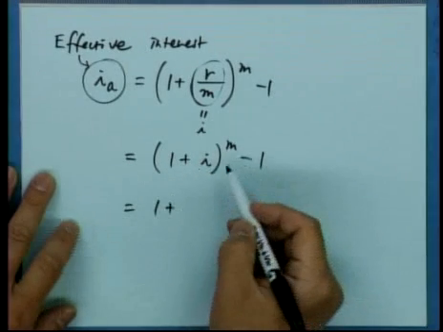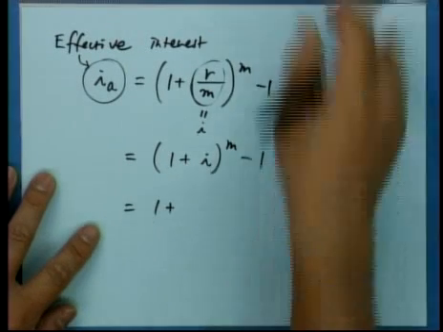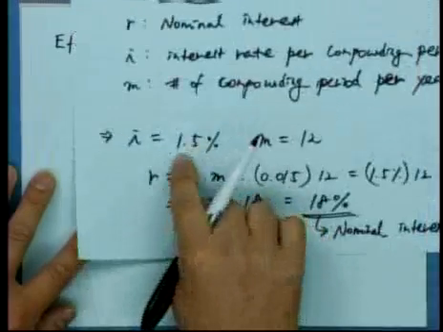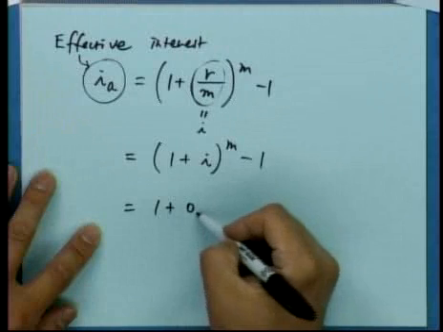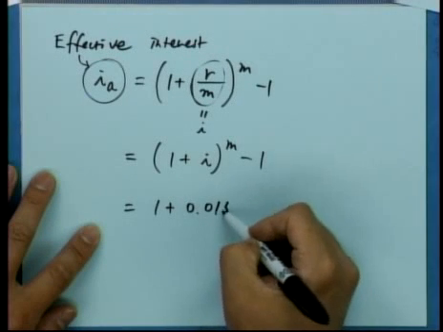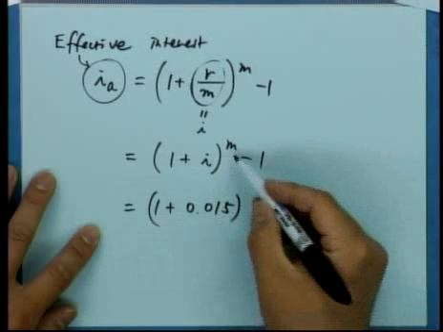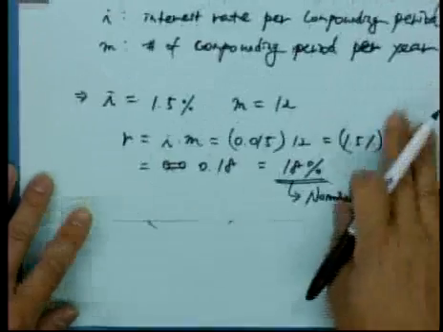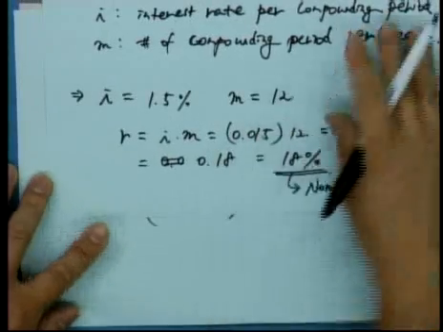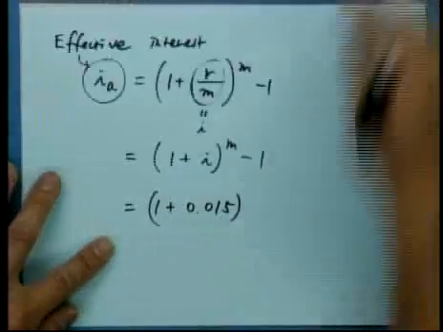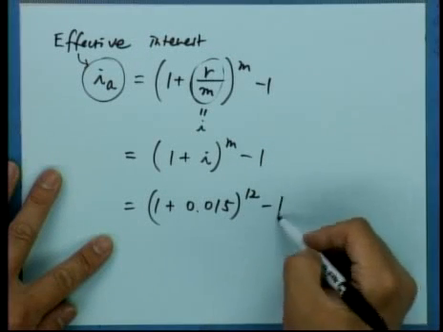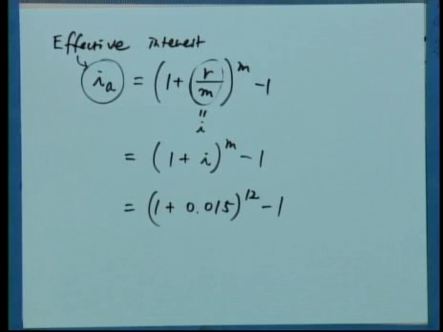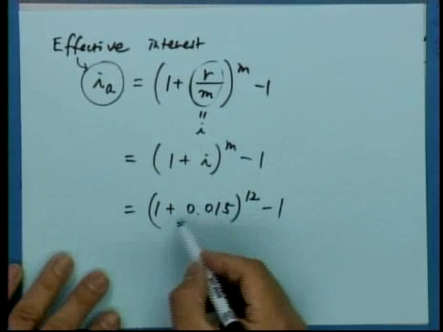So what is this? 1 plus, what is i? i is 1.5%, right? So it's going to be 1.015 to the power m. m is 12, right? To the power 12 minus 1. So what is this value?